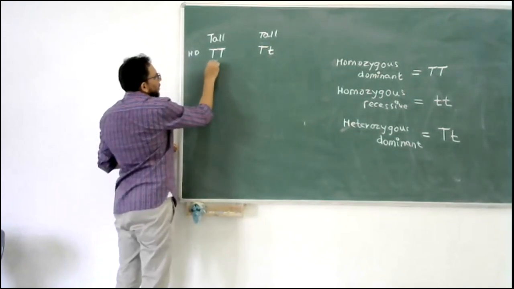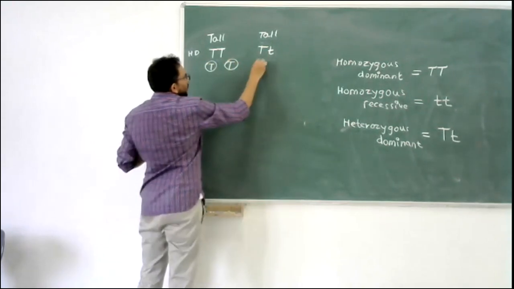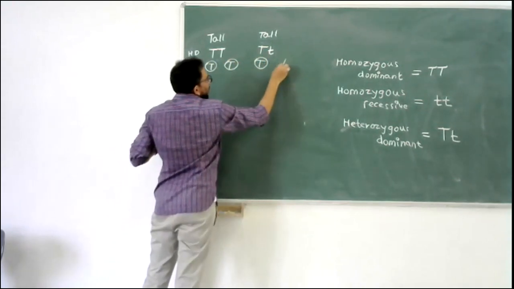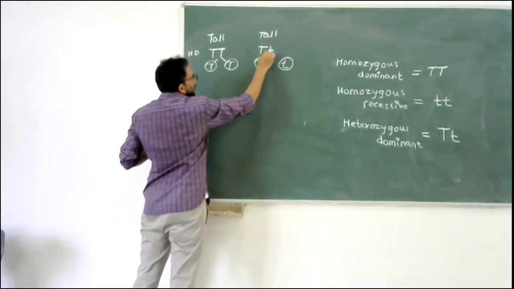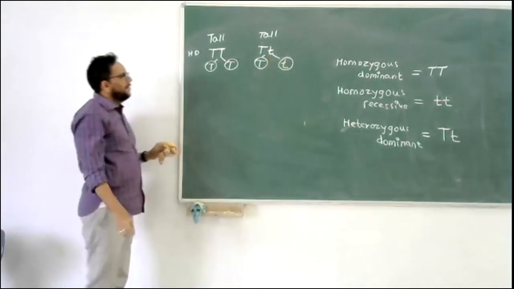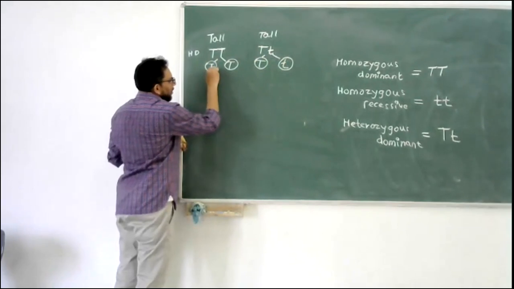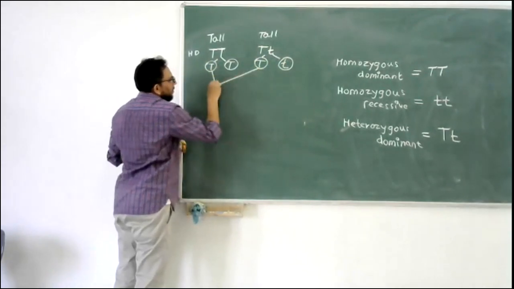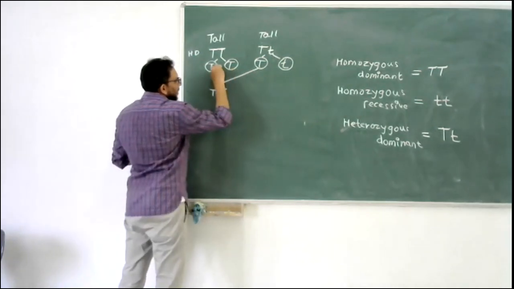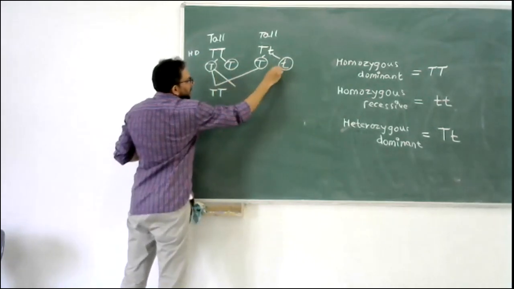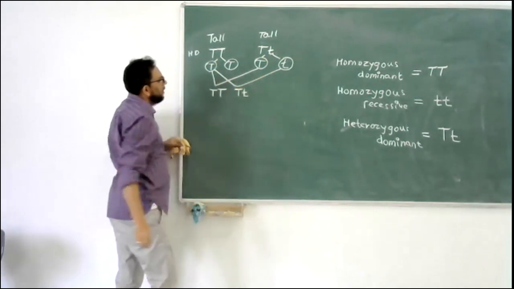So this will form capital T and capital T. This will form capital T and small t. So these will be the two gametes it will form, and these will be the two gametes that this parent will form. Now, based on the possibility of the combination, this can form either capital T, capital T, or capital T, small t.